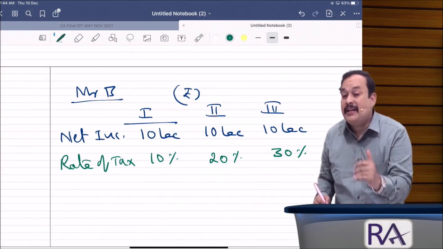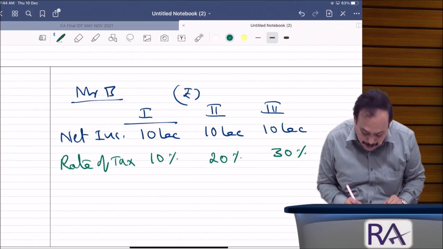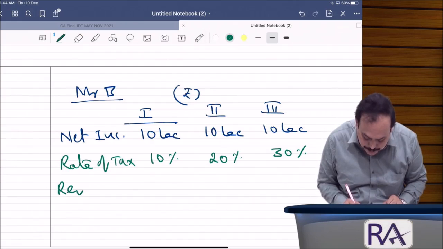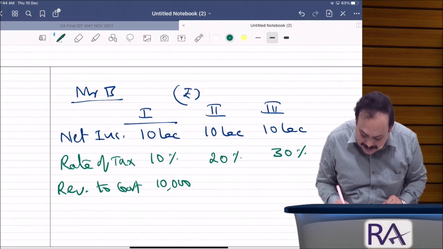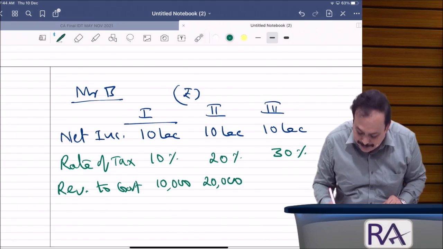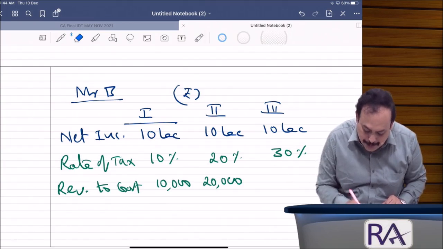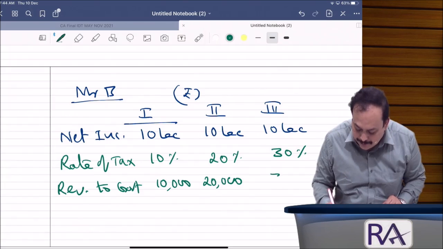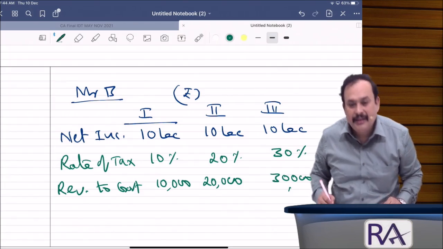Since the rate of tax goes up and up, what happened here? Revenue to government: here rupees 10,000, here rupees 20,000, here rupees 30,000. You getting my point, sir? So what happened here?